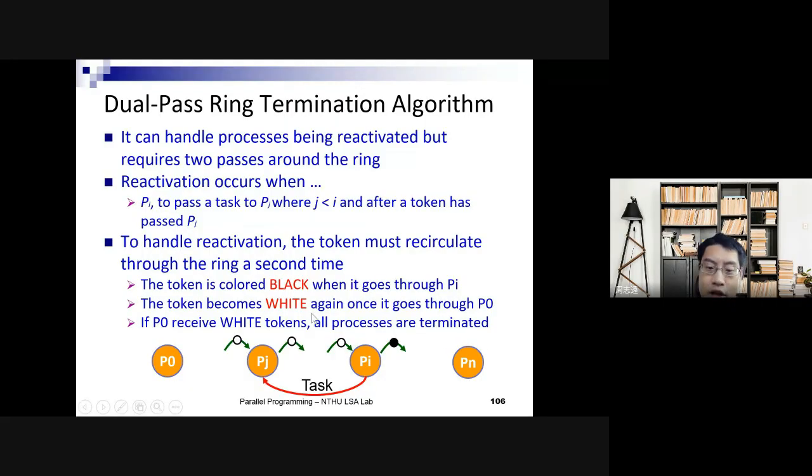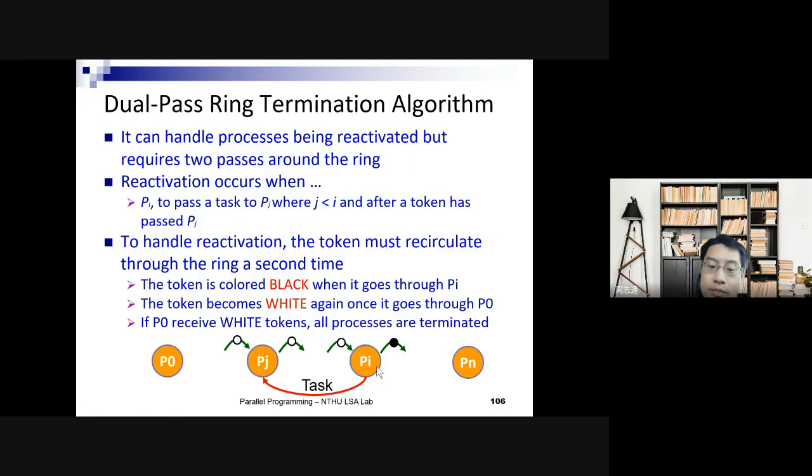A process will invalidate the token if the process tries to send a message in the backward direction before it received the token. So what's the reason behind it?